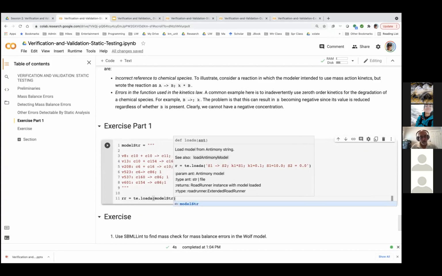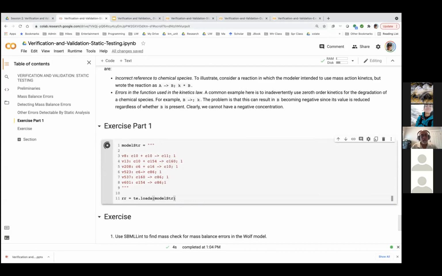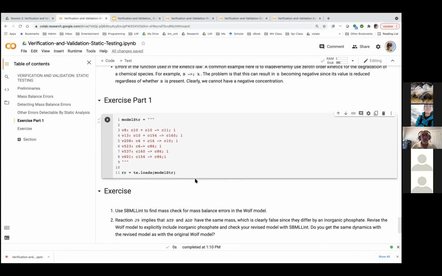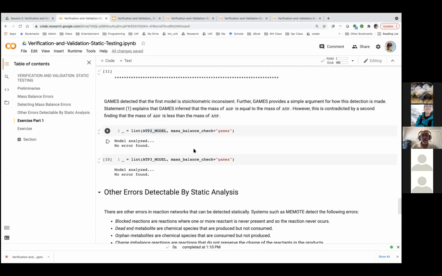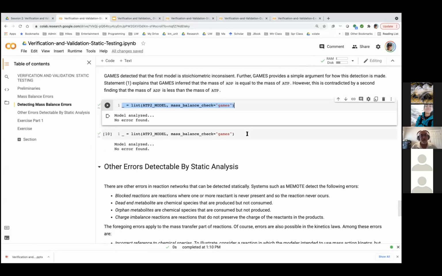I always do this just to make sure that there are no syntax errors. Okay, so that loaded okay. All right, so let's go back over here. My experience is that almost all programming involves copy and paste of something that's pretty close to what you want. So that's a copy of this cell right here.